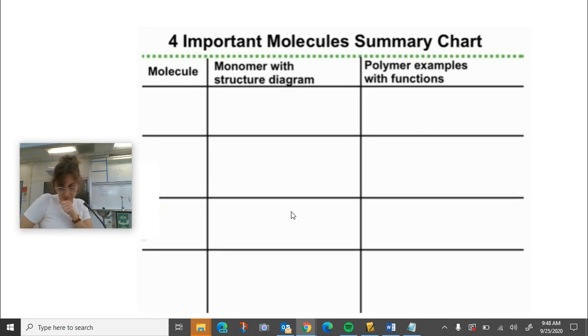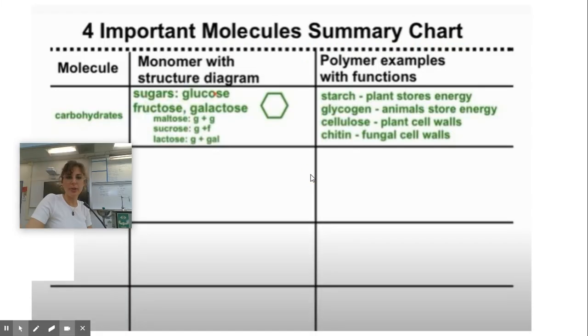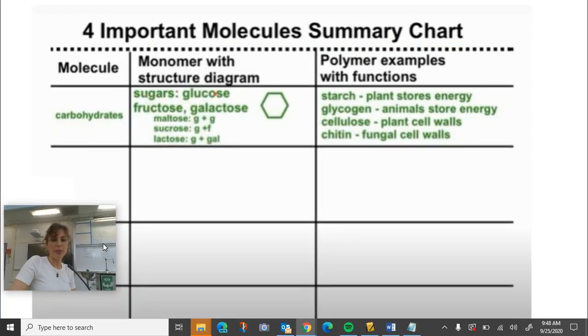So if we quickly summarize our information from carbohydrates, what is the monomer and also what is the structural shape, so that I can identify it on a test.